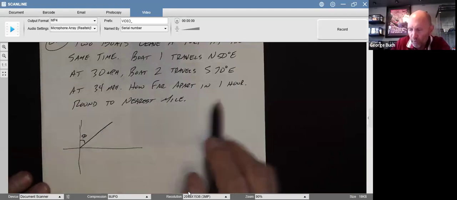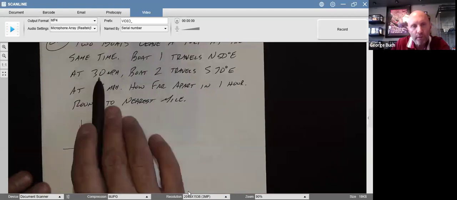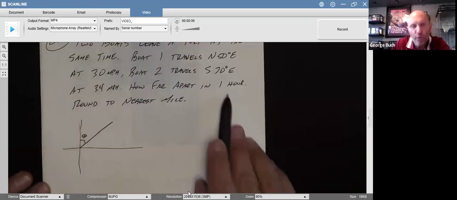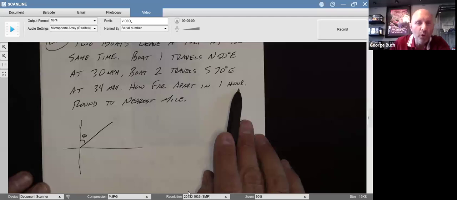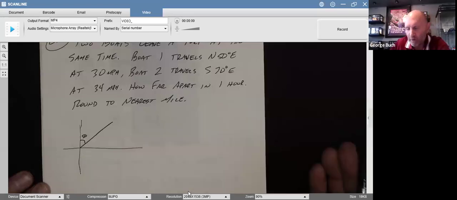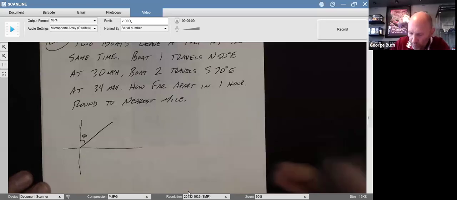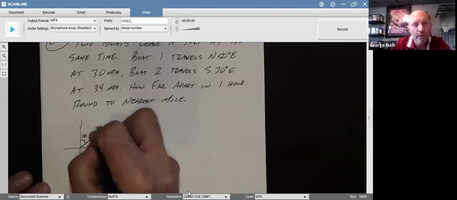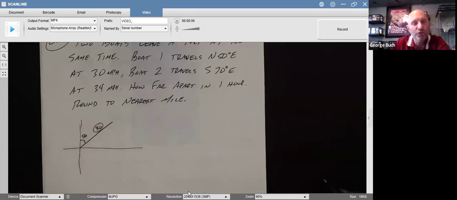Well, this boat was going 30 miles per hour. And how long did they go for? 1 hour. So if a boat is going 30 miles per hour, how far does it go in 1 hour? It goes 30 miles. If this said how far apart are they in 2 hours, I'd have to double it. If it said how far are they in half an hour, I'd have to take half of that value. So be careful how much time is being asked so that you know what to put on that side.